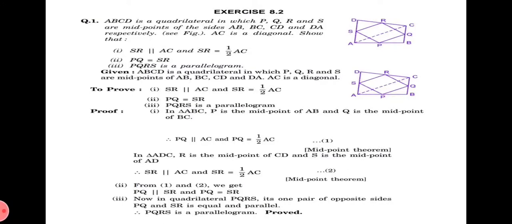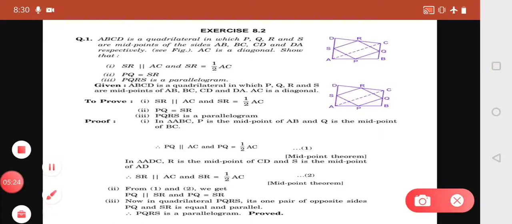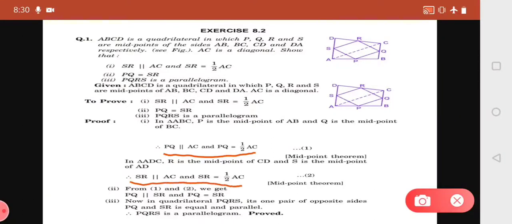So, for proof number 2, from 1 and 2, we get PQ parallel to SR and PQ equal to SR. You can see that number 1 is PQ parallel to AC and PQ equal to half AC, and number 2 is SR parallel to AC and SR equal to half AC.